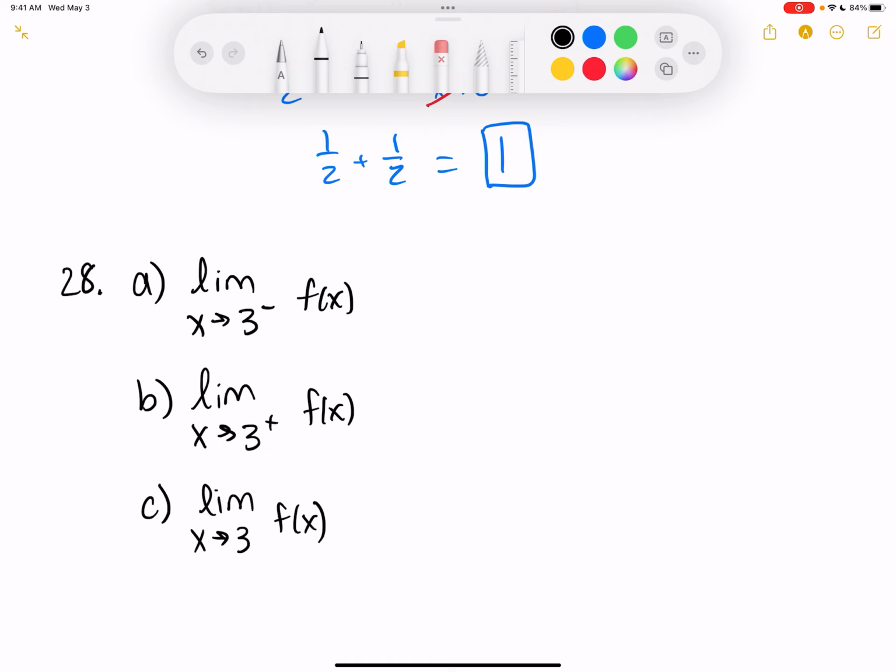Correct. So you're looking at your graph. What happens is x is getting close to 3 from the left side. So follow that left-hand graph over.